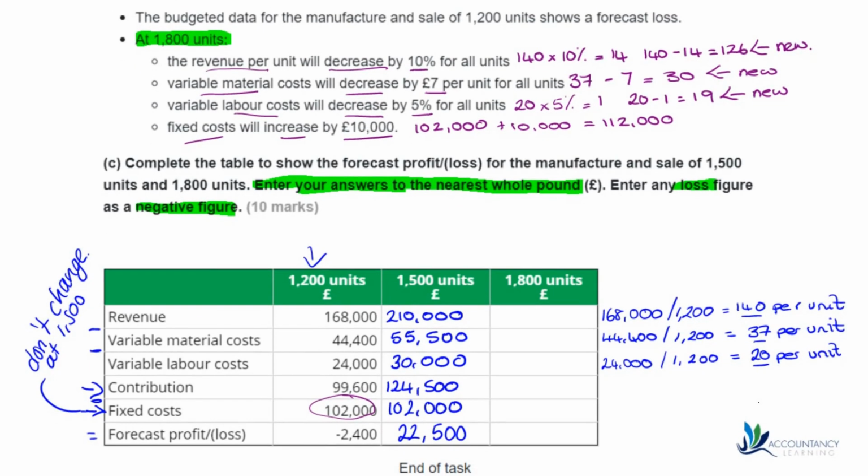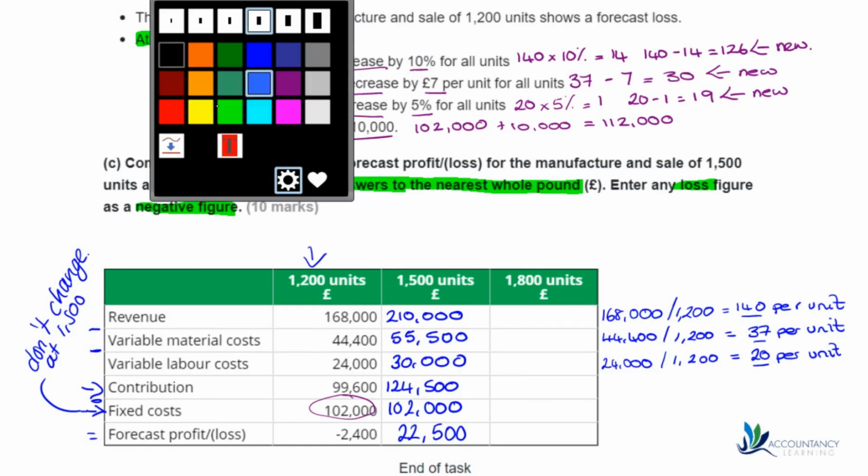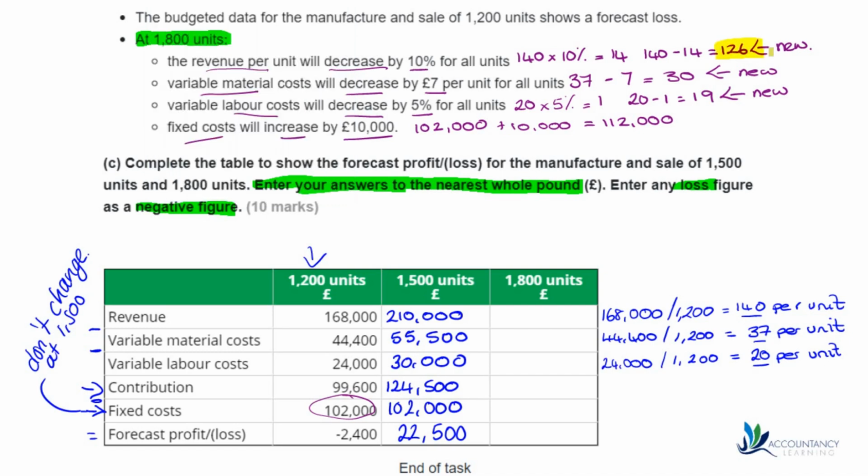So our revenue then at 1800 is going to be our 1800 units, and we're going to multiply it by our new £126 per unit to give us 226,800.